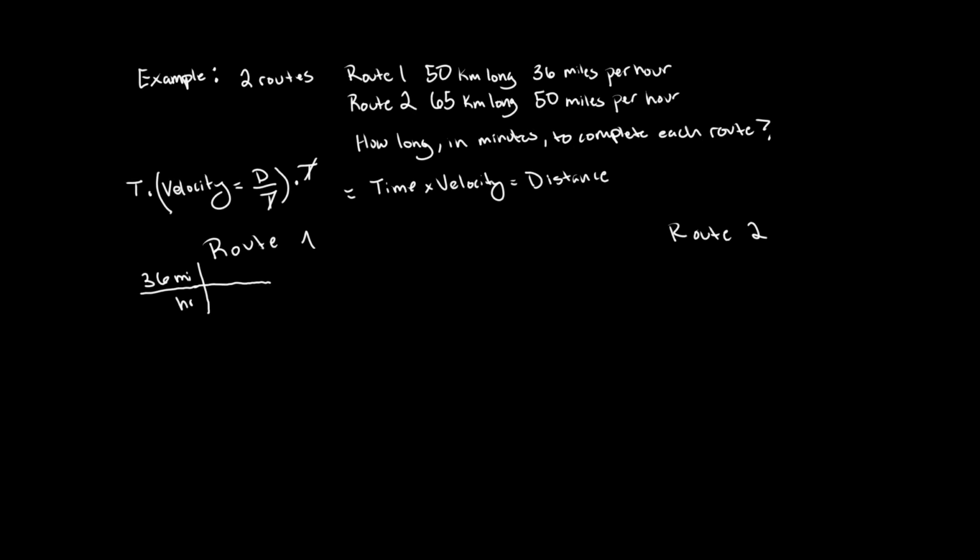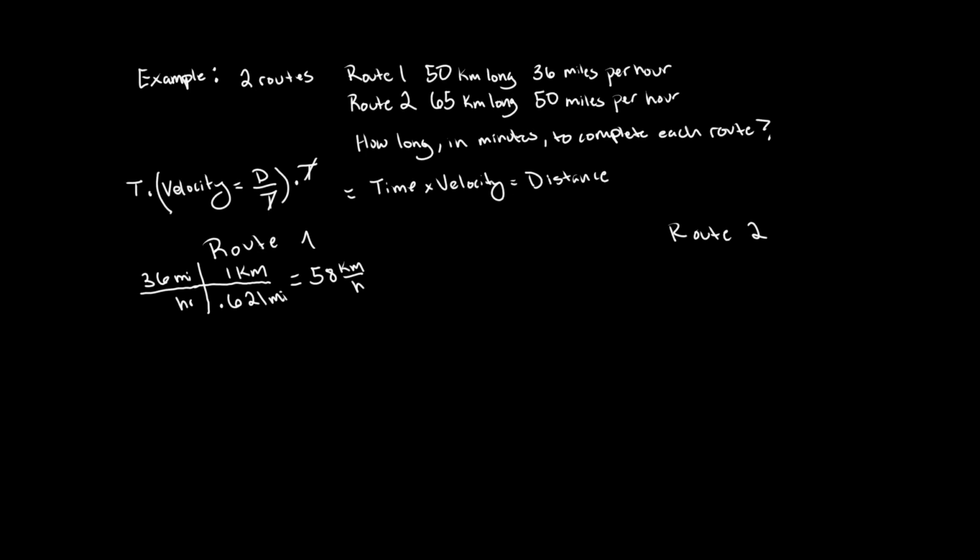And we know that if you look at your conversion values, 0.621 miles is equal to 1 kilometer. So if we do our math on it, we find that we're going to travel at about 58 kilometers per hour. Basically all we did was divide 36 by 0.621 and we came to 58.